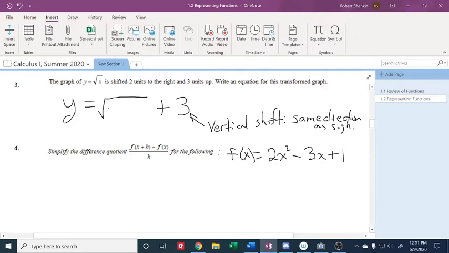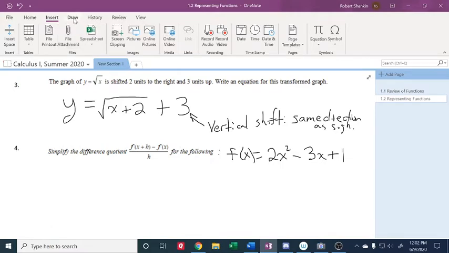Now my first instinct would be to think, oh, I'm shifting it to the right 2, and I go x plus 2. But if I did that, I would be wrong. That is actually going to shift me to the left 2 units, because horizontal shifts go in the opposite direction of the sign.